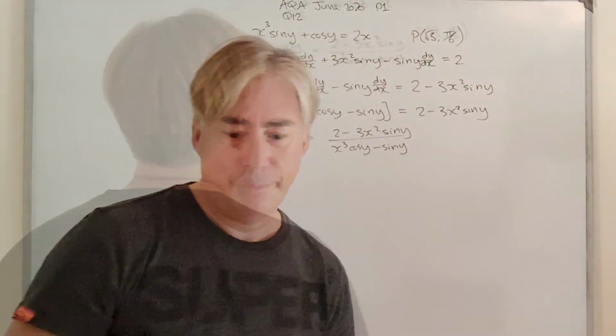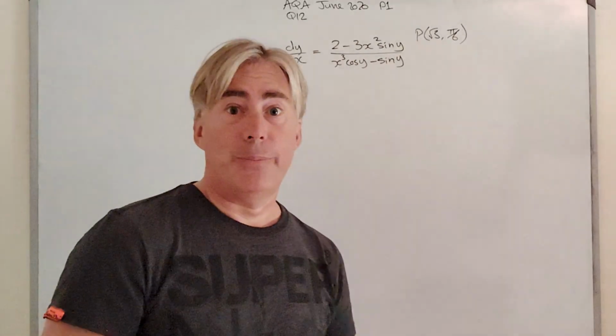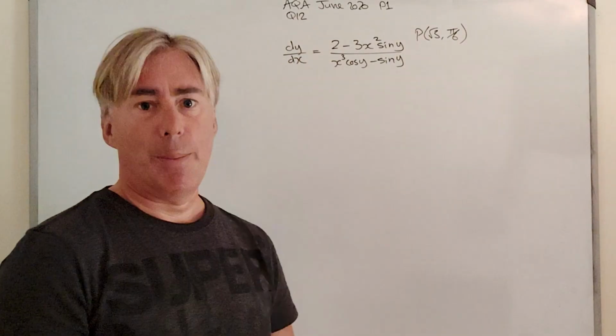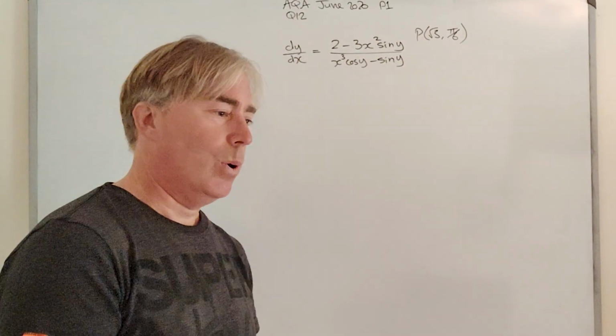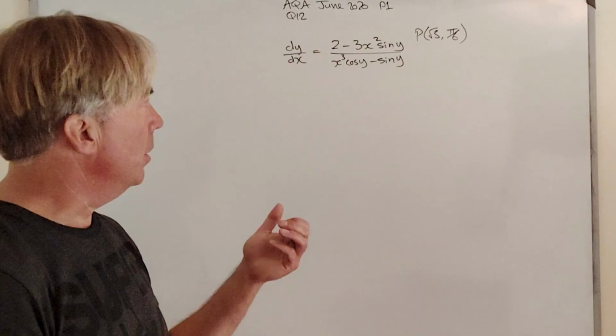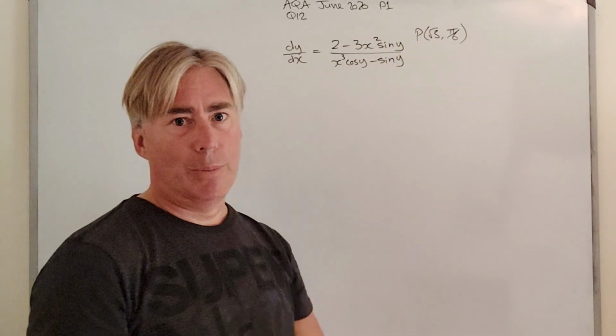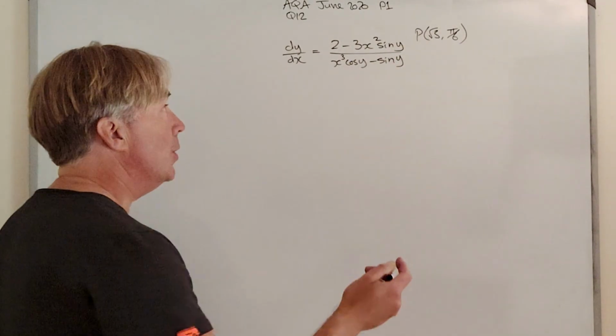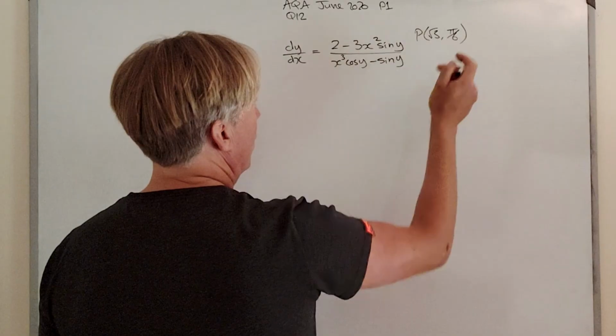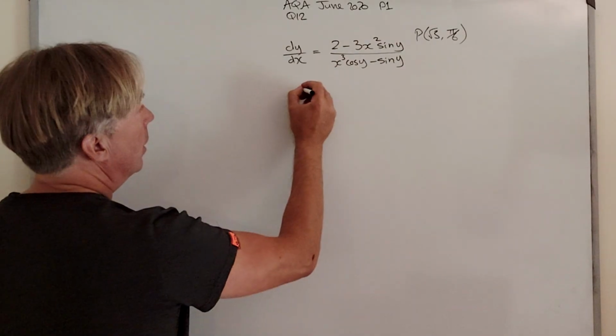Okay, second bit done. So part 3, we have now got the derivative dy/dx in terms of x's and y's, and we're asked to find the numerical value of the gradient at point P. So again, just a case of plugging √3 and π/6 in the correct places.